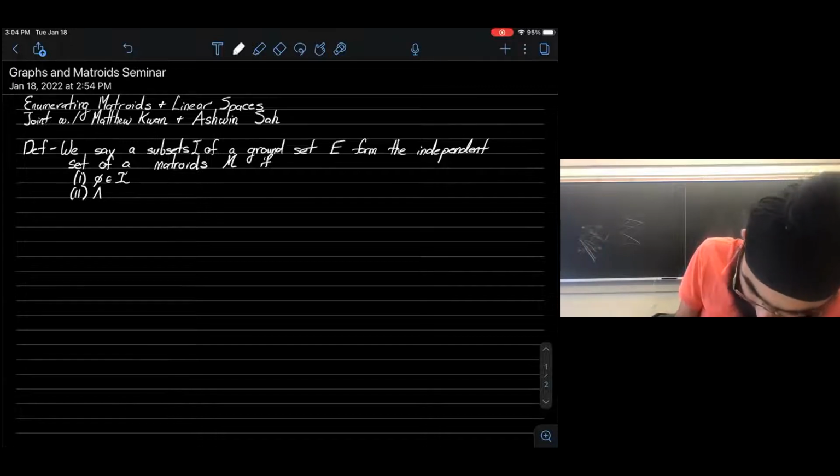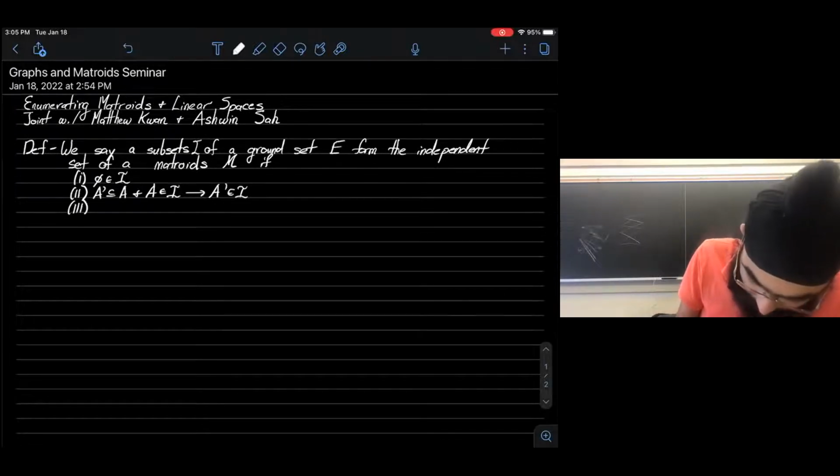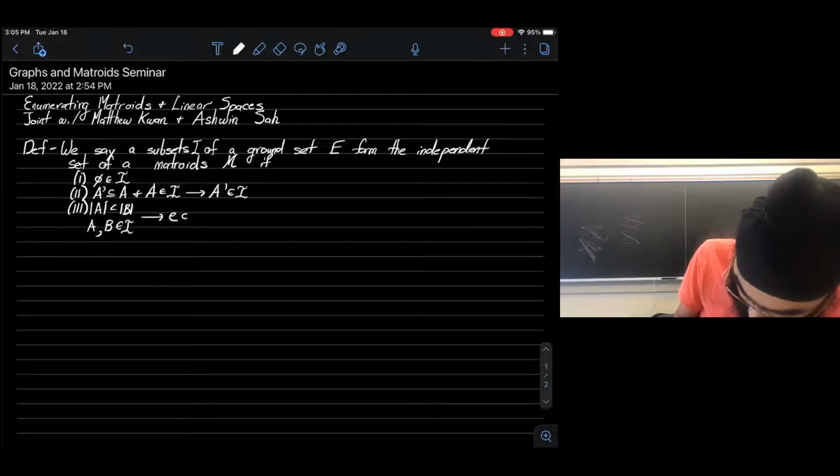Two, if A prime is a subset of A and A is independent, then A prime is independent. And three, suppose you have A, which is smaller than B in size, and A and B are both independent. Then there exists E, which is part of B set minus A, such that A union E is independent.